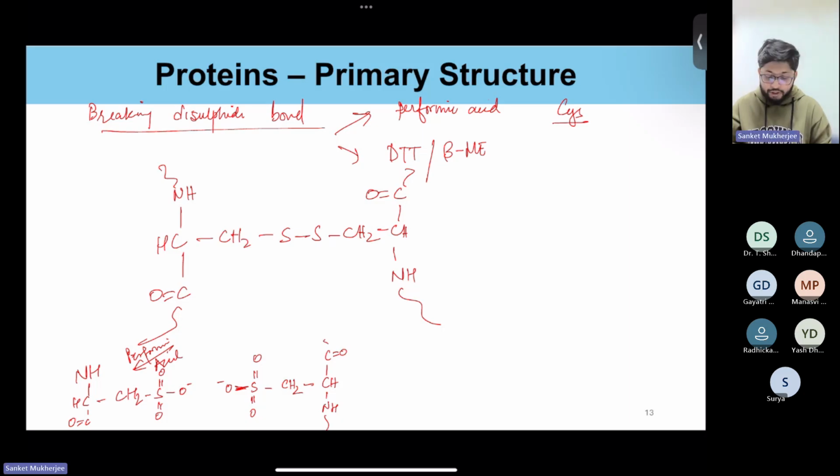Another way is reduction by using DTT, that is dithiothreitol, or beta mercaptoethanol, which is a reducing agent. They will form something like this. Let's draw it.